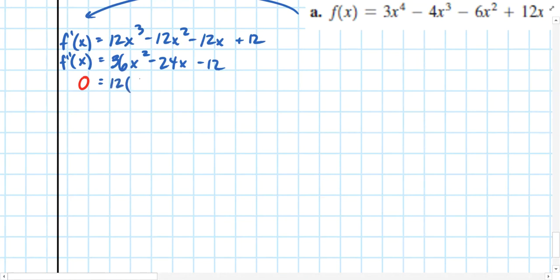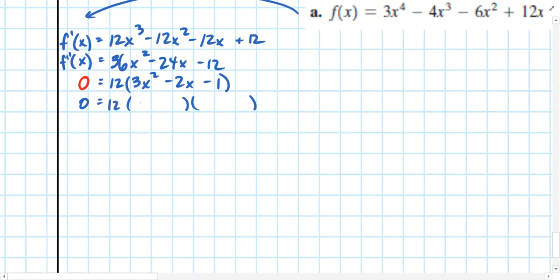There again is a common factor of 12 in this expression. So when factored, we're left with 3x squared minus 2x minus 1. We could then factor the remaining trinomial, I hope.